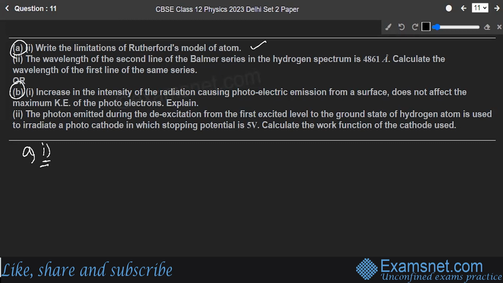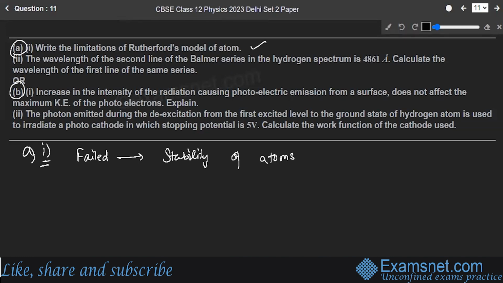A question, first part. You have to discuss the limitations of the Rutherford model. I told you it's an important one. I hope you already know the answer. See, this model failed to explain the stability of atoms, the main thing.